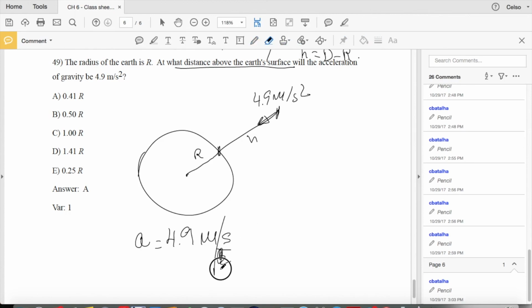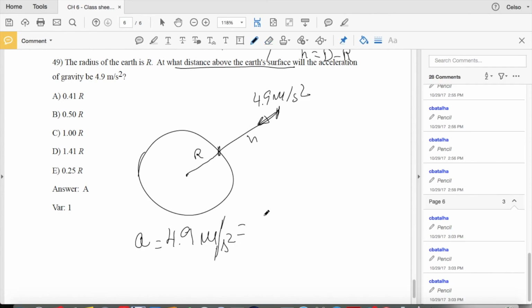Meters per square second is equal to G, mass of Earth, divided by distance squared. And then we can do like we did last time, but you can also do something different.